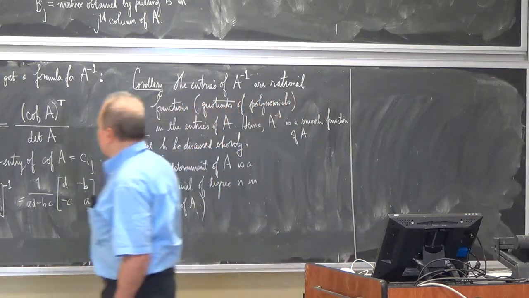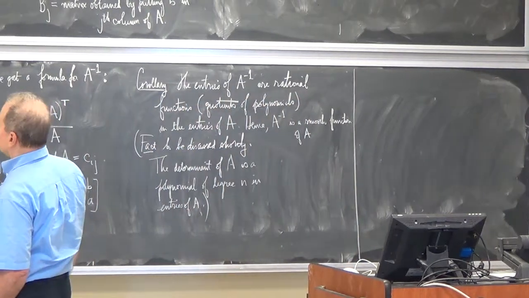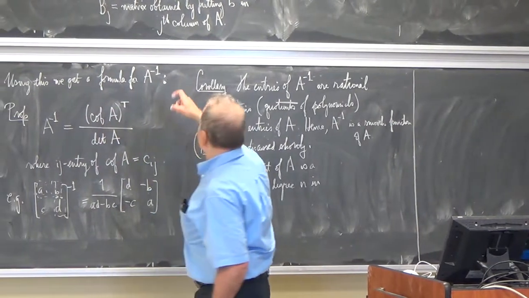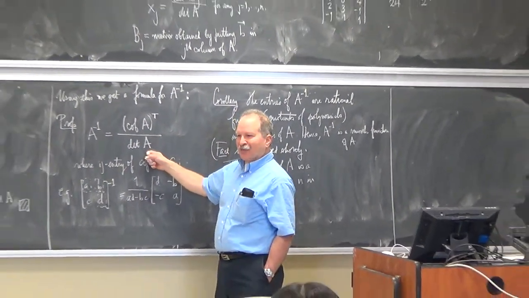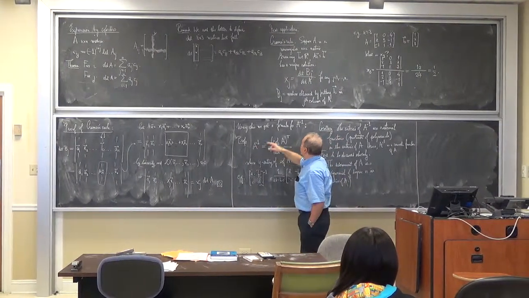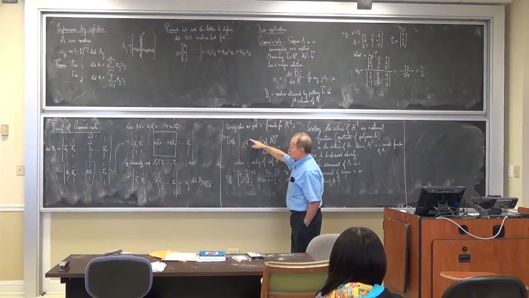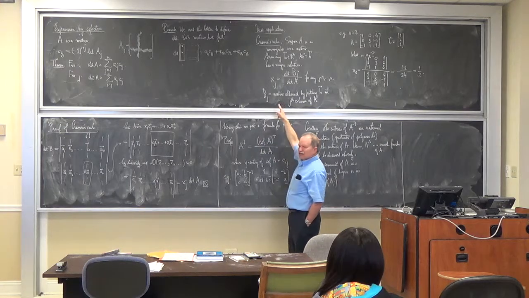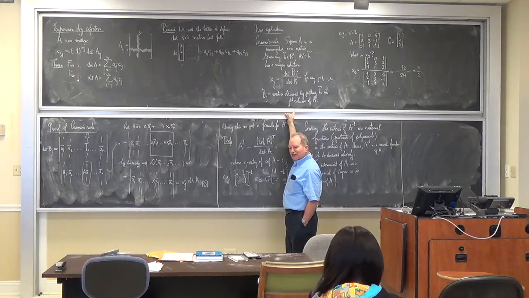It looks Cramer's rule-ish in as much as there's a determinant of A in the denominator. And so what we want to figure out is, how do we see entries of A inverse as entries of solutions of a certain linear equation?